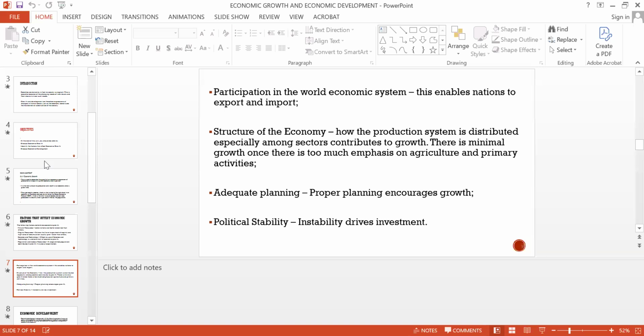You have to move beyond cultivating cocoa and exporting the cocoa. A country must be able to refine the cocoa into chocolate, into beverages, into fruit juice, into alcoholic drinks, and export them. That is exactly the structure of the economy. So a subsistence agrarian economy cannot grow.